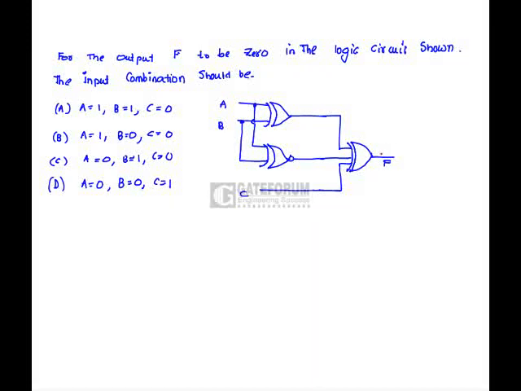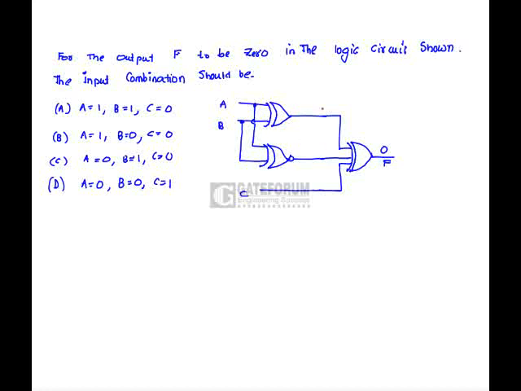Output F2 to be 0 in the logic circuit shown, the input combination should be. See, the output gate is an XOR gate. The output of the XOR gate we want to be 0, means the input must contain an even number of ones. Here A and B are passed through an XOR gate as well as an XNOR gate.